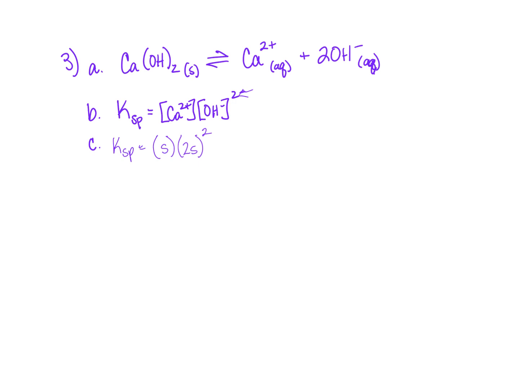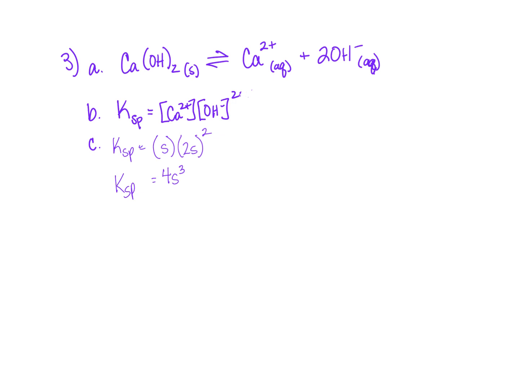Those are 2 different things, so we have to do the 2S and the squared. Now if I square 2S, squaring the 2 makes it 4, squaring the S makes it S squared, so 4S squared. And then I'm multiplying it by this other S. So that's going to be 4S cubed equals my KSP.